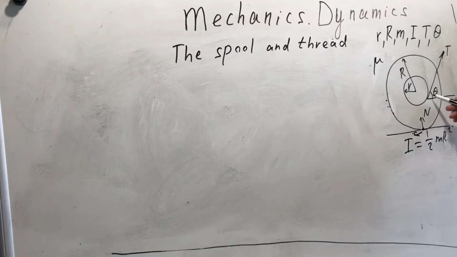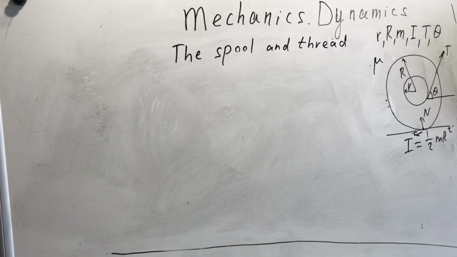If this line is going to the left from this point of contact, it creates a clockwise moment, and this spool will rotate clockwise. If this angle is big enough and this line goes on the right from this point of contact, this spool will rotate counterclockwise. So that's qualitative.